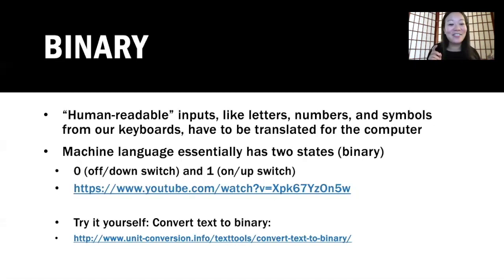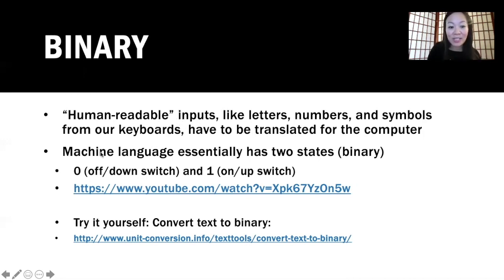Okay, so we're going to have a quick bit about binary here. Human readable inputs like letters, numbers, and symbols, all of these things that you see on my screen here, have to be translated for the computer. We call these human readable because they're things that you and I can look at and understand easily, like I can read all of these words here. But how does a computer interpret each of these things?